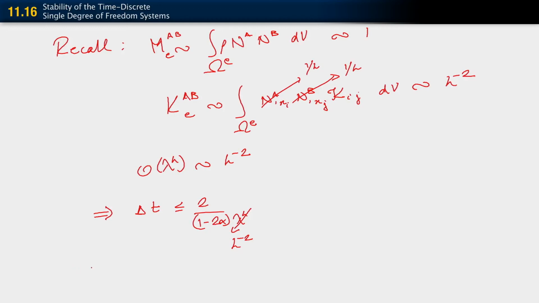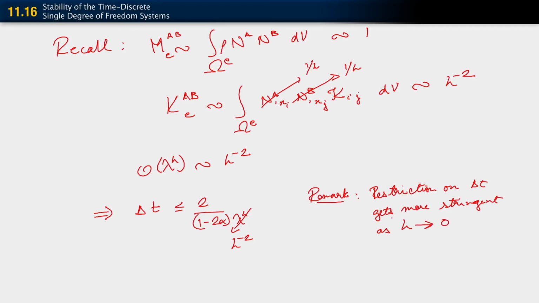Okay? So the remark that I will make here is that the restriction on delta t gets more stringent as h tends to 0.